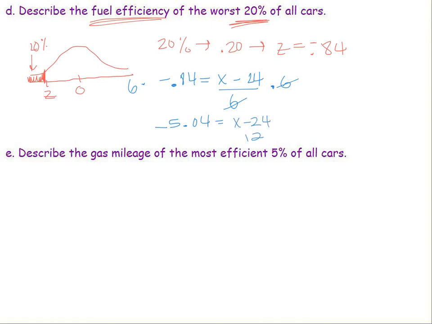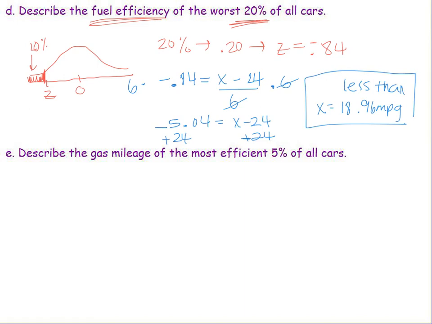I'm going to add 24 to both sides. Negative 5.04 plus 24 tells me that I end up with 18.96 miles per gallon. But we want the worst, so that means the worst is always less than that cutoff.